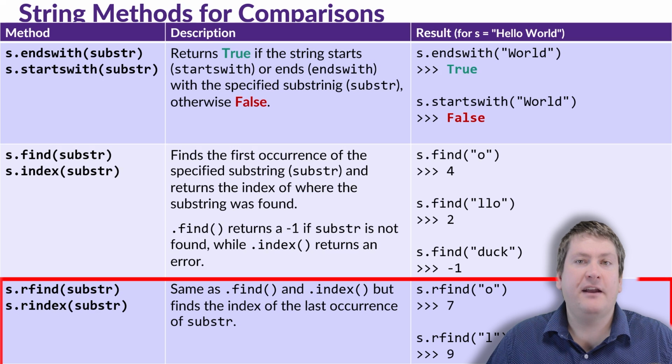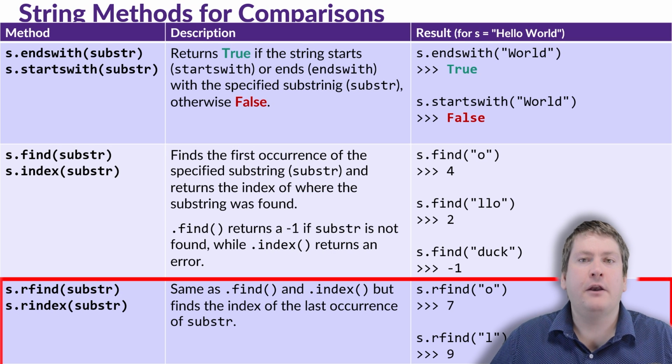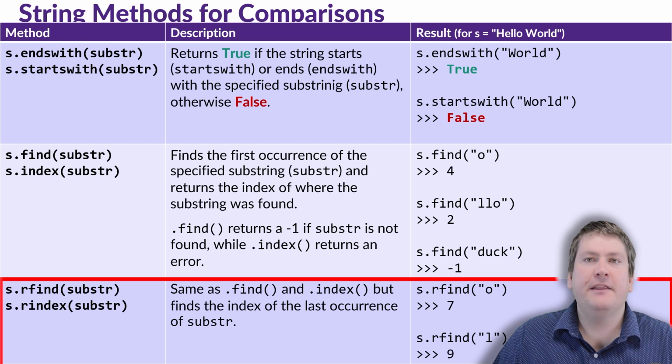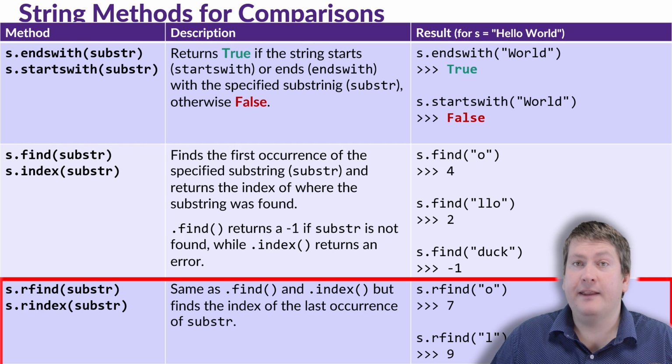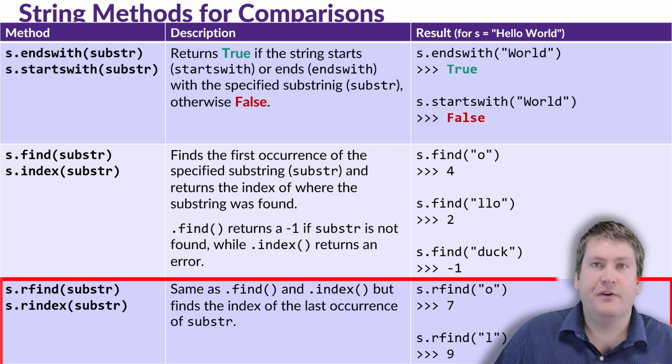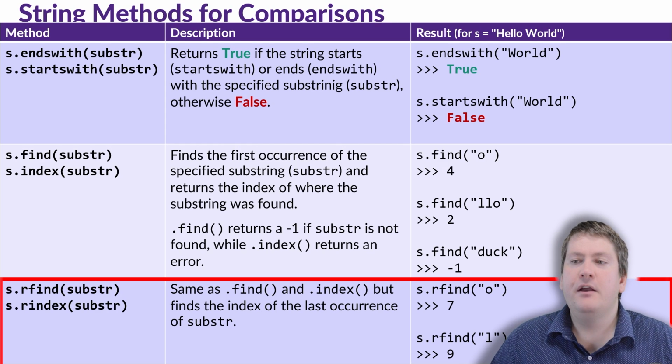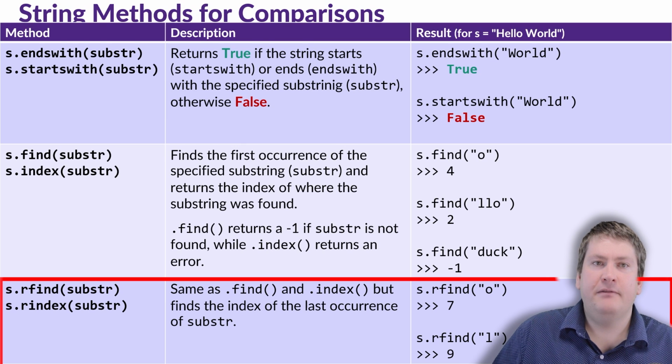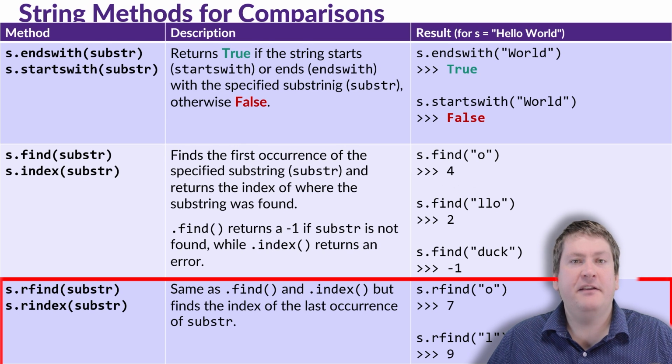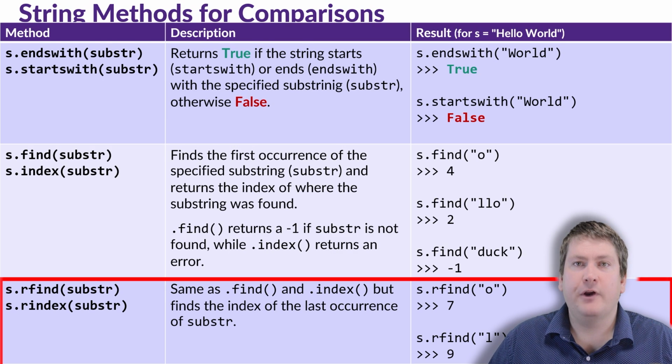So it returns an index of 7 because it's the second O. Similarly, in our second example, where we were doing rfind for the letter L, it's going to find the L in world, which is the second last character, rather than the first L in hello. So rfind searches from the right, find searches from the left. And the difference between find and index is how they deal with not finding a string.